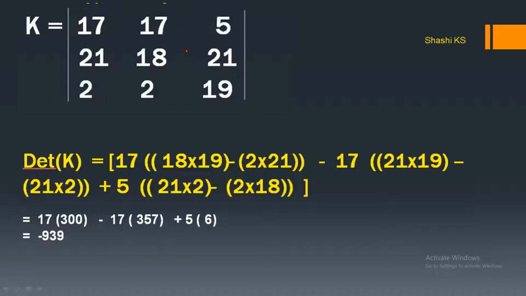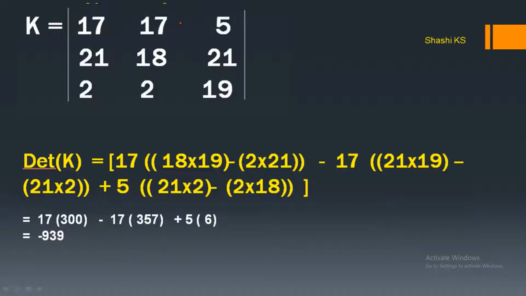First find the minor value and then find the product of that minor value with 17. Similarly, the next element in the top row is 17. How do we find the minor? Just eliminate the column in which 17 is present and the row in which 17 is present.